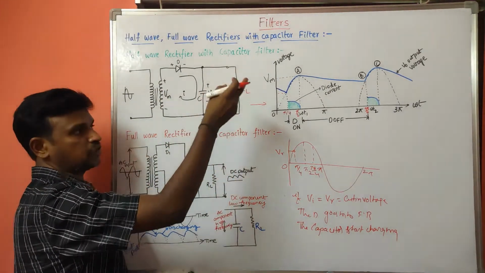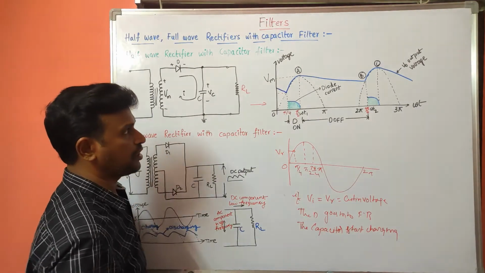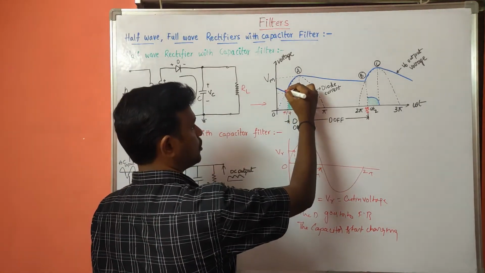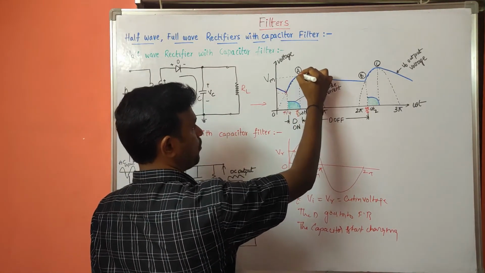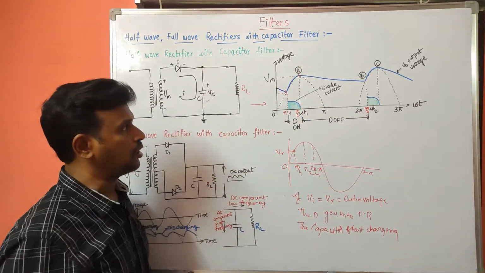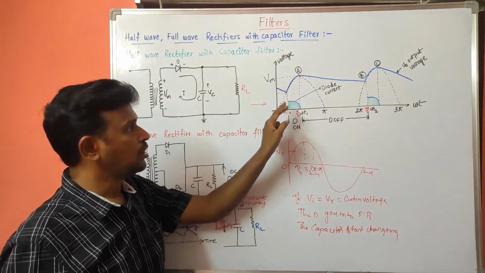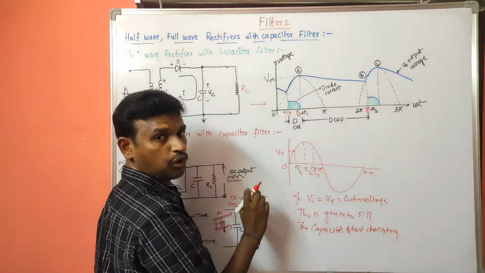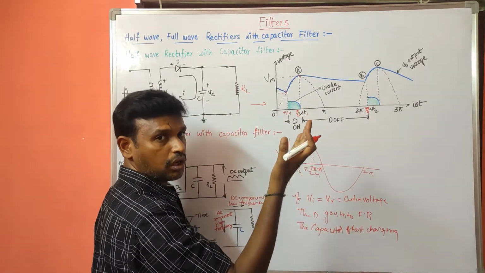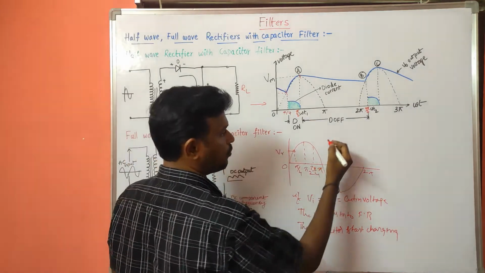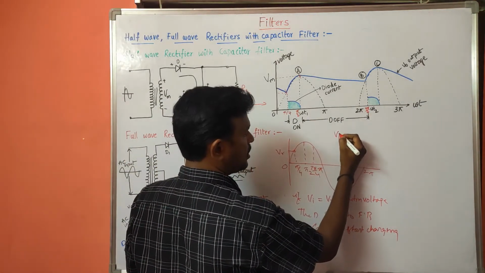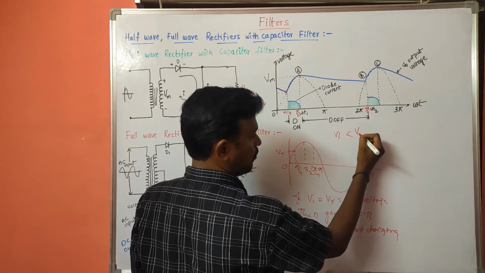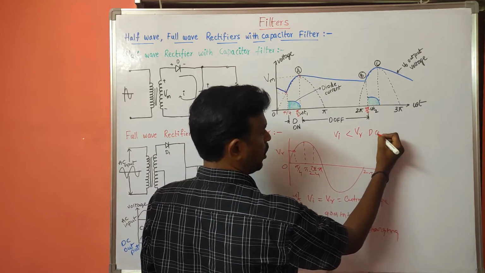I am indicating that up to this point: from this point to this point, the capacitor will charge. Why will the capacitor charge here? Because from pi by 4 to pi by 2, the voltage is above the cut-in voltage of the diode. If the applied voltage Vi is less than V gamma, the diode cannot conduct.